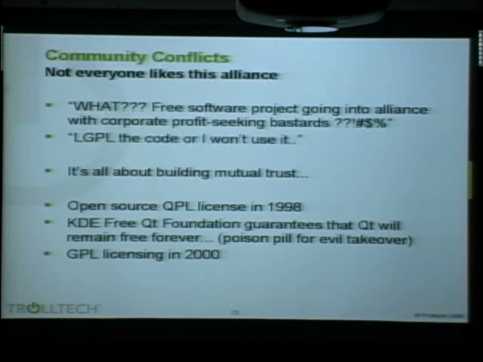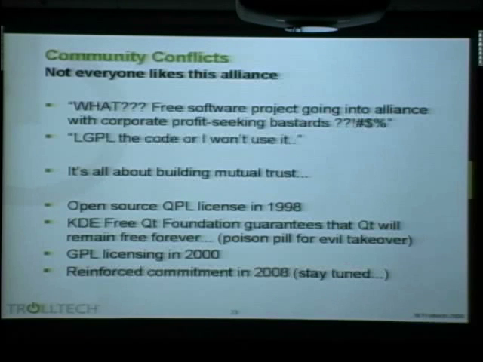Well, not completely, because there were still some problems with the QPL versus the GPL, some license incompatibilities. So we GPL licensed Qt in 2000. And we'll have a reinforced commitment in 2008, actually in about 10 minutes you're going to hear about that.